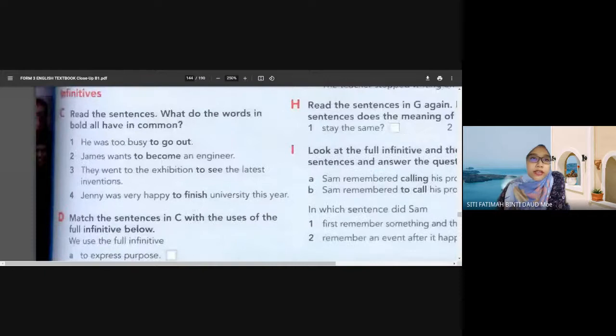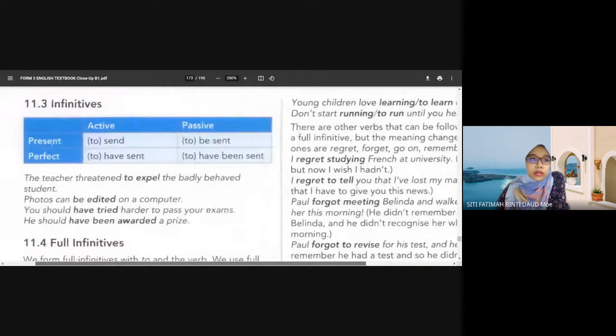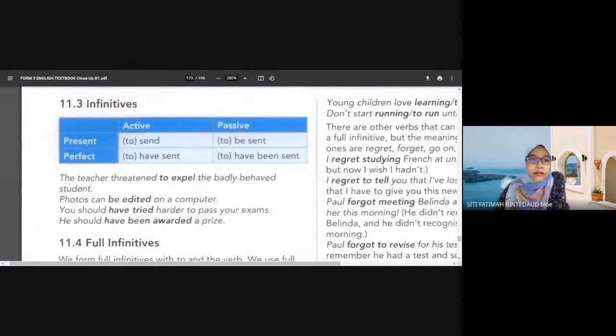All right, so let's go to page 172. This part on the left, 172. Okay, have you turned to page 172? 172 now. Not 171 anymore.